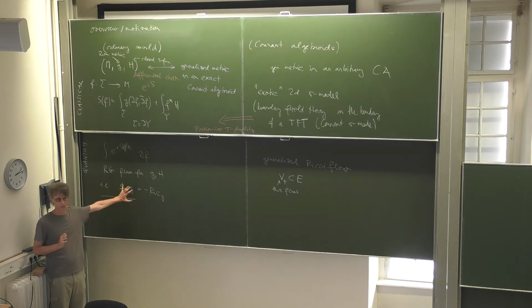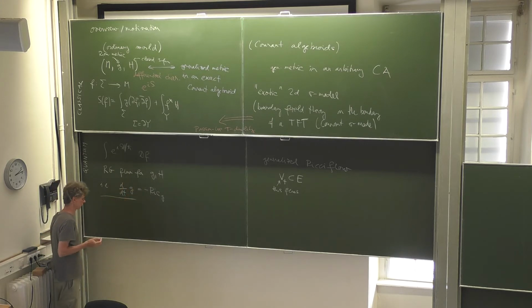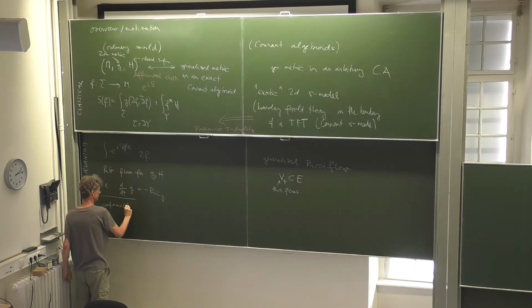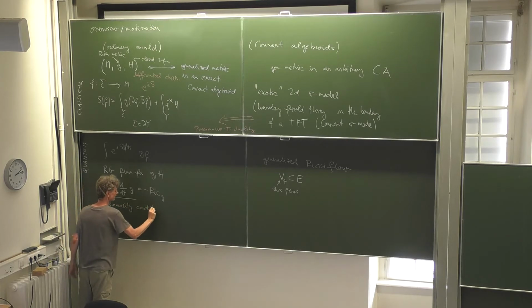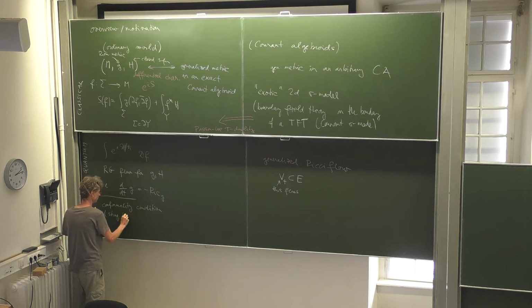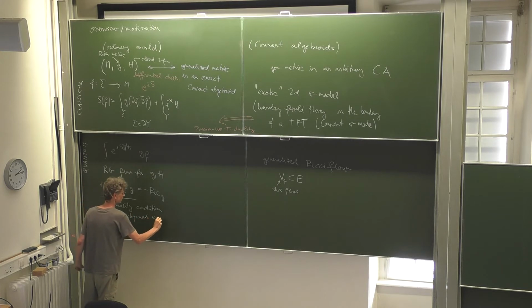So there's a thing which is very related to the renormalization group flow. It is whether we're getting a conformal field theory here, so whether we're getting a two-dimensional conformal field theory. So it's like a conformality condition, or I can call it a string background equation, or string equations.